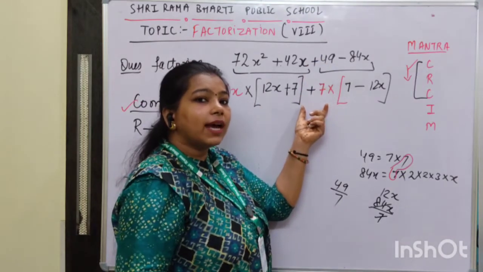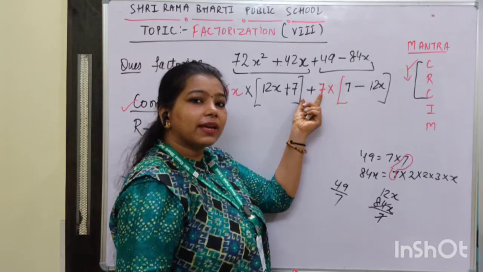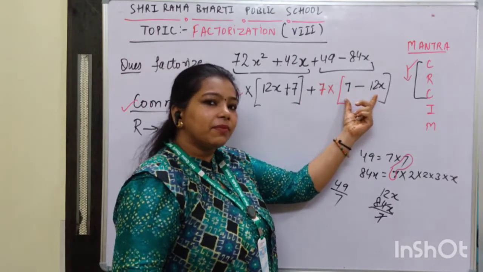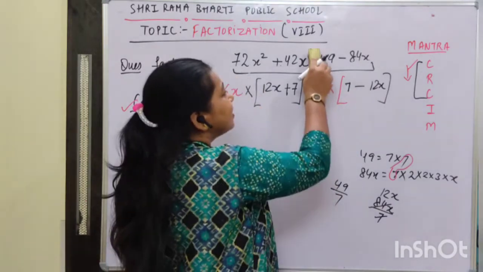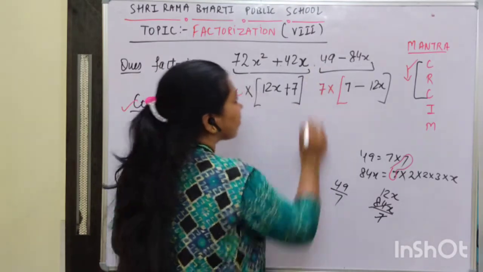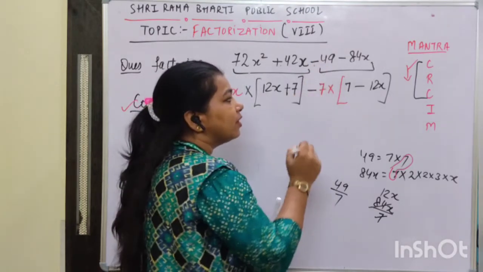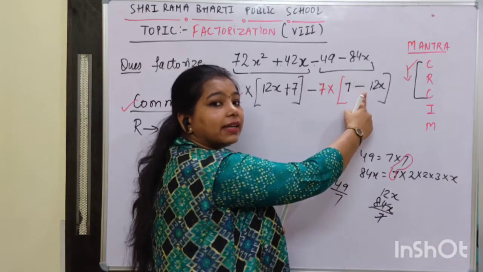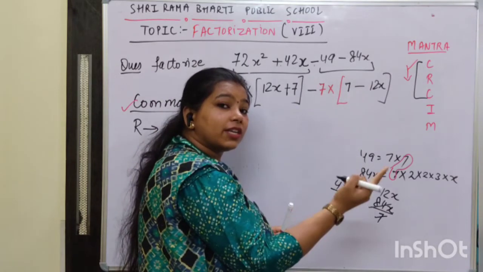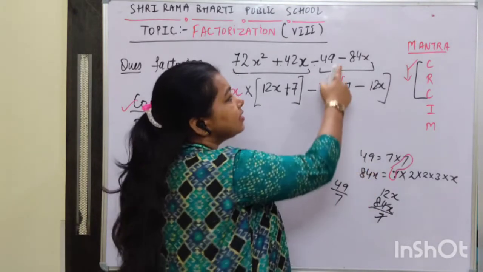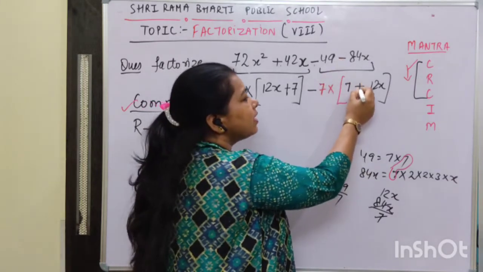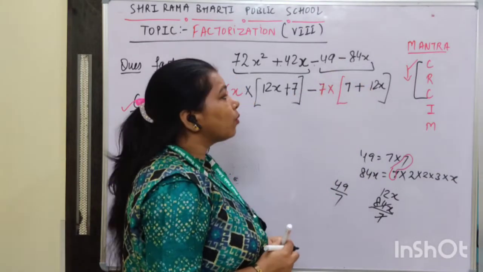So as we all know, when the plus sign is outside the bracket, the sign will remain same, right? But here in this case, the sign is negative. The sign is negative, so the sign inside the bracket will be changed into the opposite sign. Since here is a negative sign, it will be a positive sign. Why?